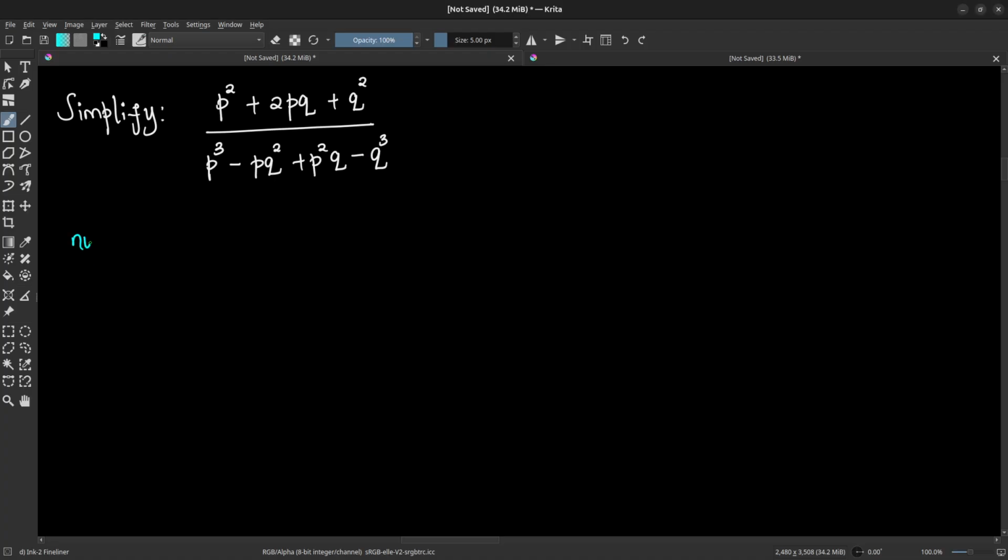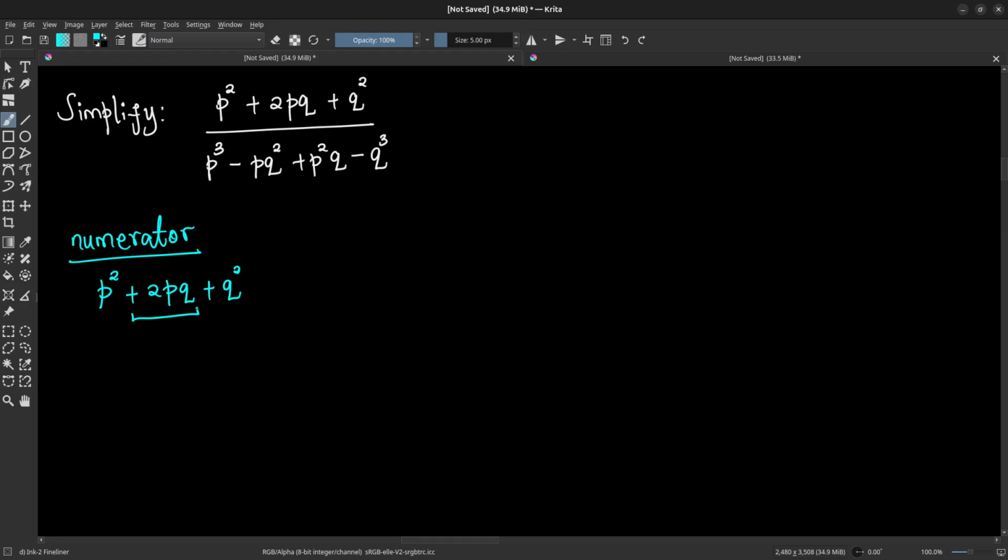So we have the numerator. The numerator we are given as p squared plus 2pq plus q squared. So this is a quadratic expression, and we need to rewrite this center term.